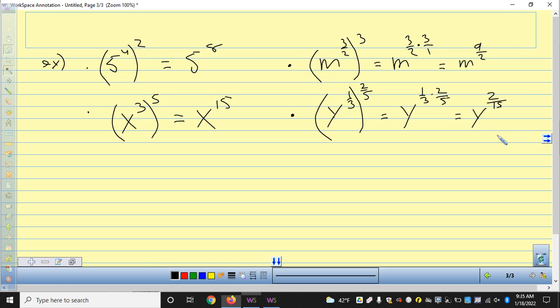All right, let's look at one more example that's a little trickier when we have a little more stuff going on. Oh, there's a negative exponent, so we need to think about that for a second. h to the 4th to the -3 power.